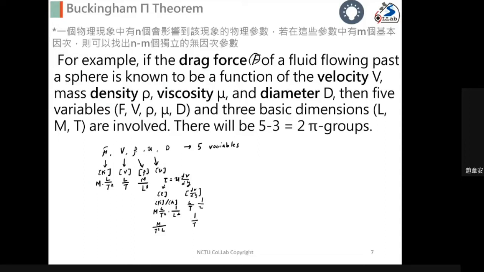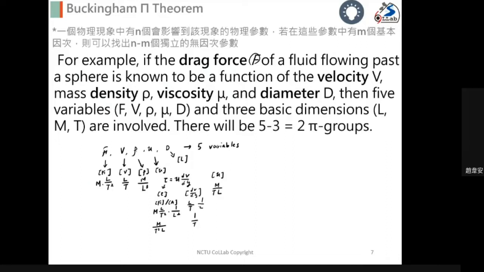So we actually know that the dimension of the viscosity is M divided by t divided by L, and the dimension of the diameter is only L.